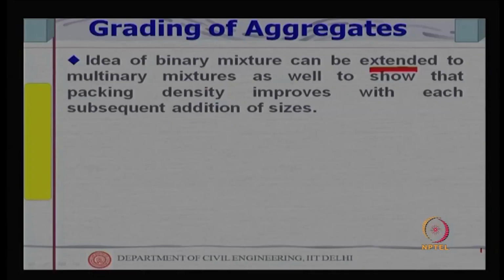So, the idea can be extended to multinary mixtures as well, to show that packing density improves with each subsequent addition of sizes. You add two sizes, you add the third size with appropriate size ratio, packing density will improve. Add a fourth size and packing density will increase further. Fifth size, packing density will increase further and so on. So, as many sizes as you add, packing density increases.